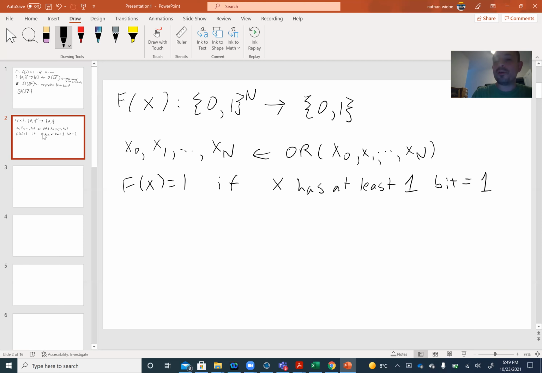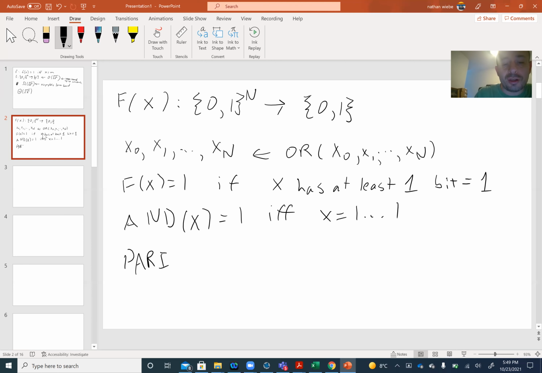Also, we could think about AND as another decision function. AND of x equals 1 if and only if x is equal to 1 all the way through to 1. So these are all different types of decision problems. Another example is the parity function.